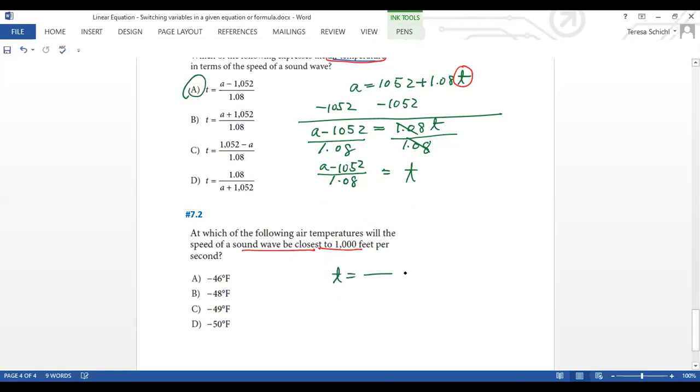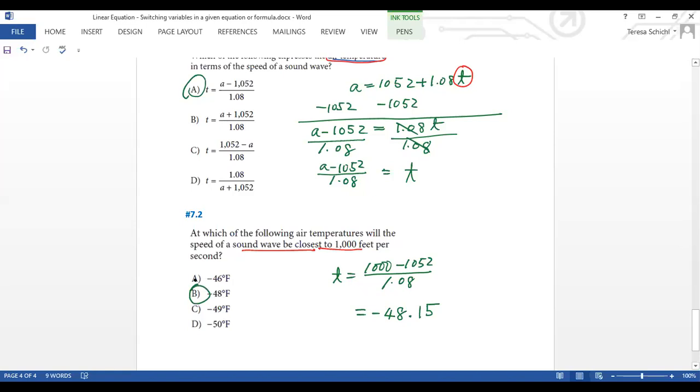So this is 1,000 minus 1052, over 1.08. I'm getting negative 48.15. Which one is the closest to this one here, right?